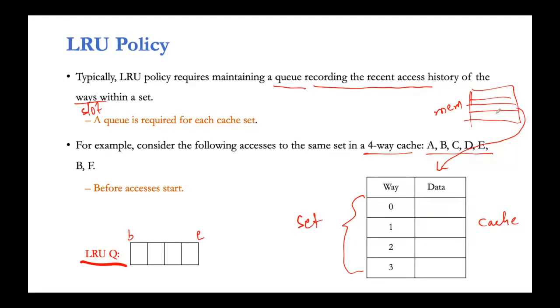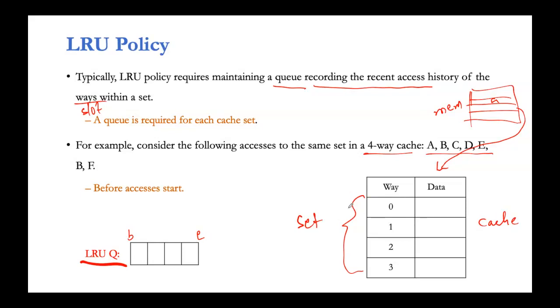As soon as it is loaded into the cache, the requested cache line entry is placed at the beginning of the queue to record the recent access history of that way. Way 0 is used or not, way 1 is used or not.